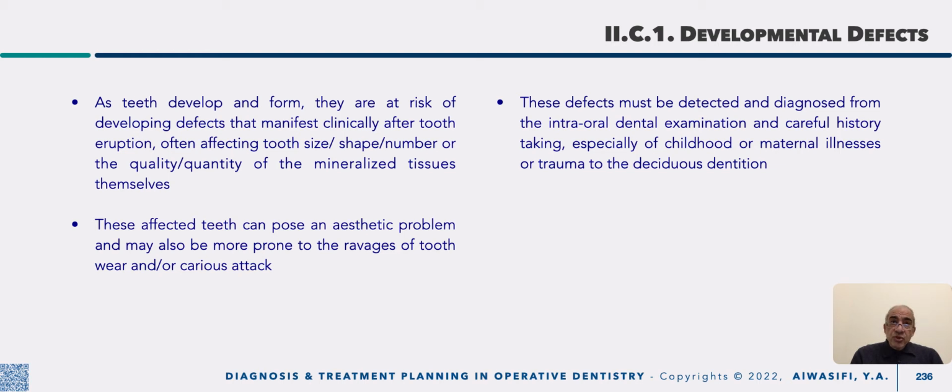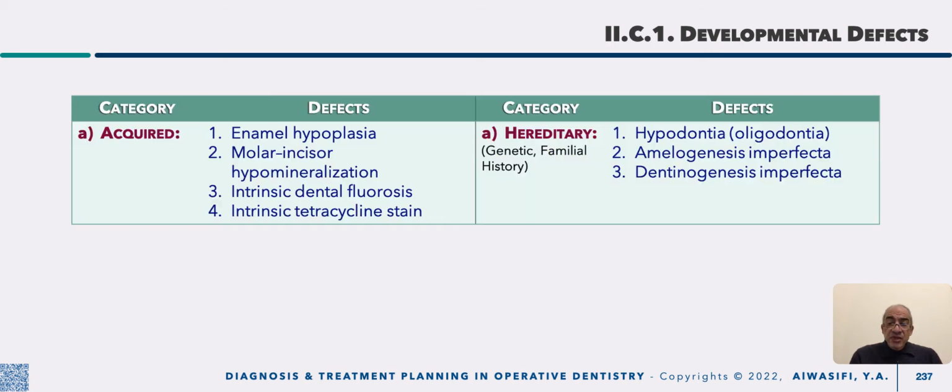For proper diagnosis of these defects, we should clinically examine them perfectly, but this is not the only successful way of diagnosis. We should have careful history taking, especially of childhood or maternal illness or trauma of the deciduous dentition. These defects could manifest either as acquired defects or hereditary defects, which have a familial history or genetic pattern.